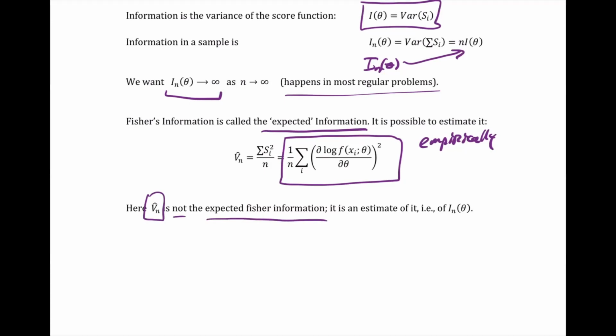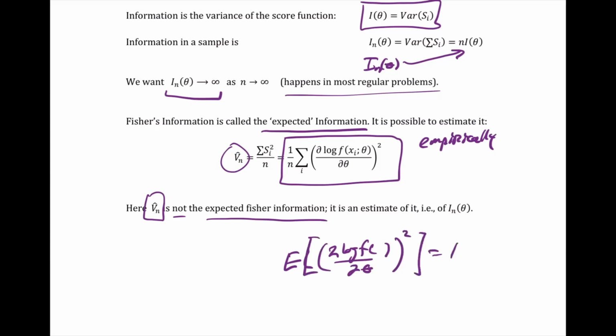It's an estimate, so we usually say it's V hat. The expected information is the expected value of partial log f partial theta, squared. That is the Fisher information. What you have here is an estimate of that thing. It's important to keep the two separate, and we will deal with these more as we go along and learn these various quantities.